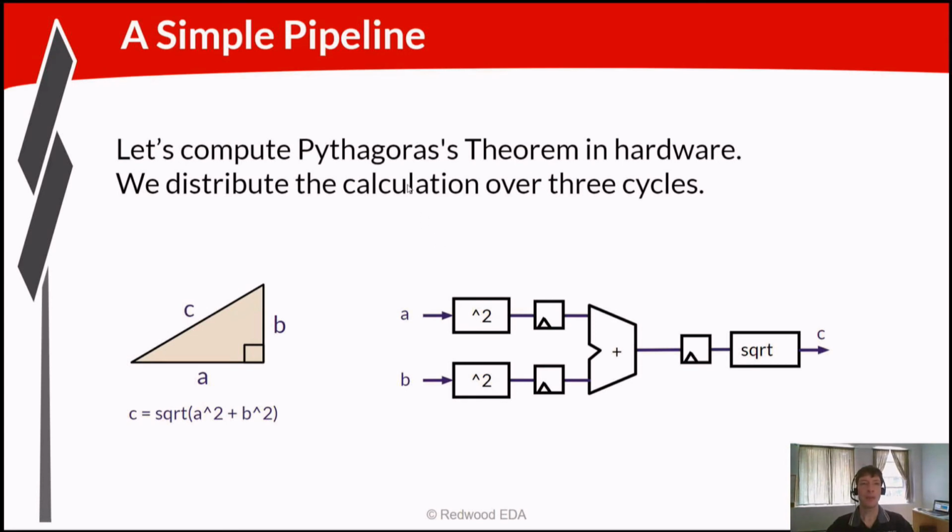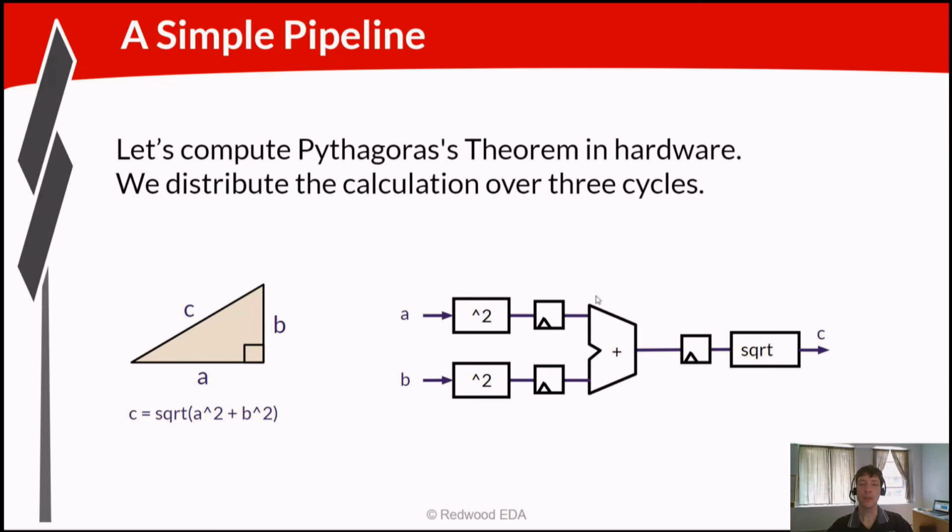This is an example of a circuit that is computing Pythagoras' theorem. So to compute Pythagoras' theorem, we need to square two inputs, A and B. We need to add them together, and we need to take the square root.